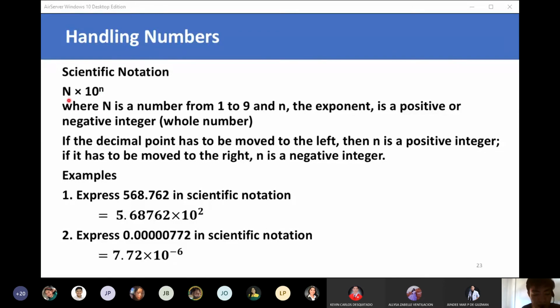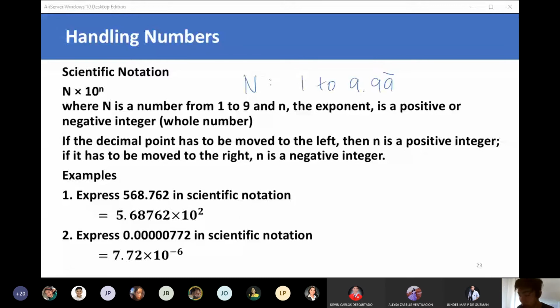I call the n the integer part or the front number, and this should have a value of 1 to 9.99, so on and so forth. So what I mean by that is that its value must only be between 1.000 up to 9.99999, so on.